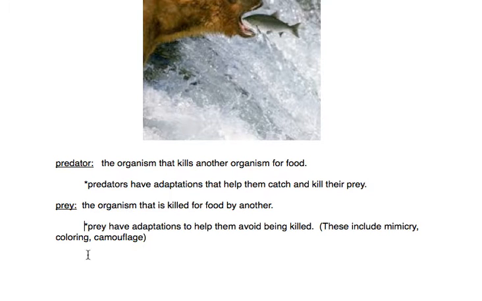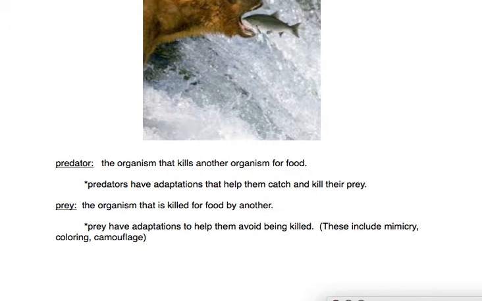Some coloring might be, say it's an insect that has bright red on it, which a lot of the times in the wild, things that are bright red are poisonous. That might be a warning to something that might normally eat an insect not to eat it because maybe it's poisonous. And there are other things that are camouflage that helps them avoid being seen.